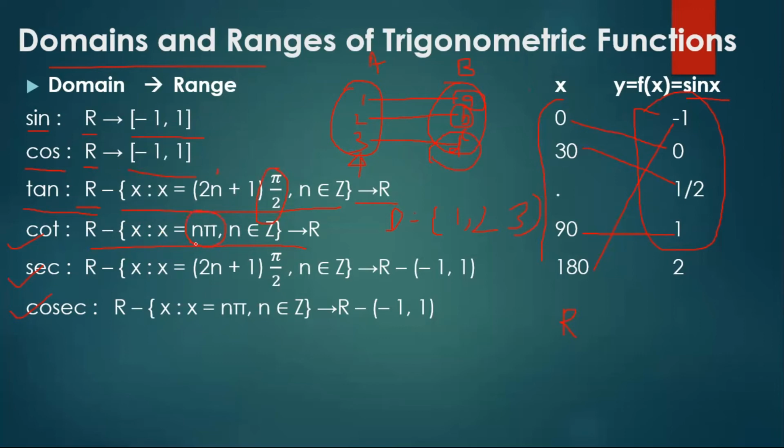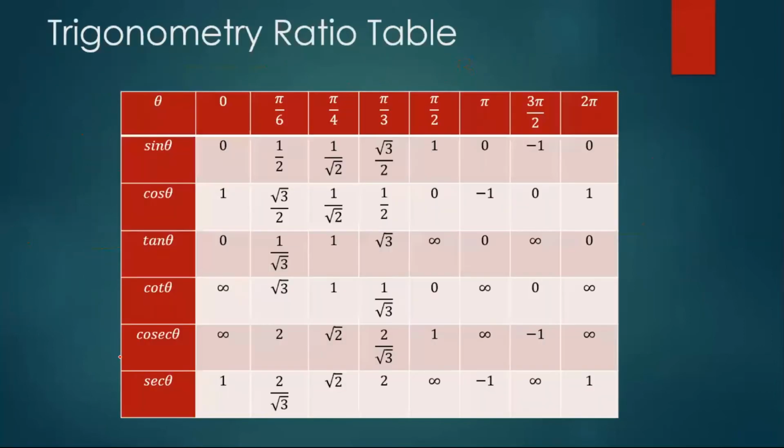Is it clear? So only those values are excluded. Other than that, everything comes under the domain from the real values. And it is having images to all real values. So that is our range. Okay, I think this is enough. We'll go for the next slide.